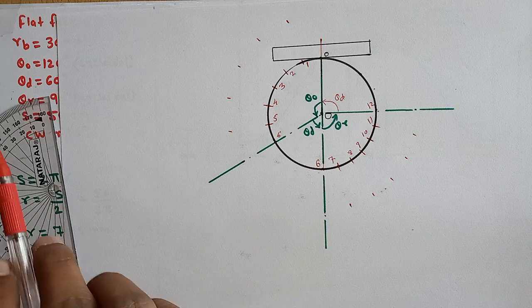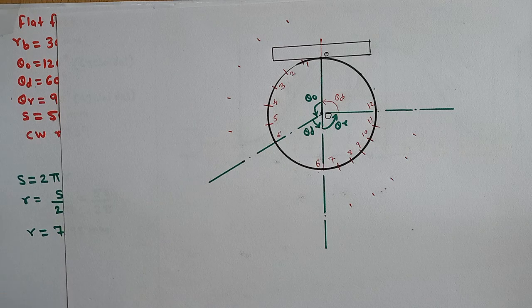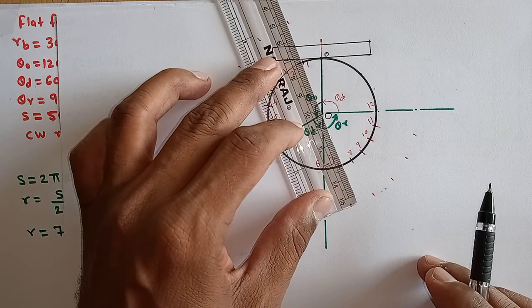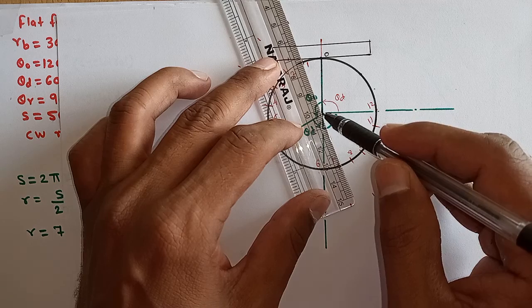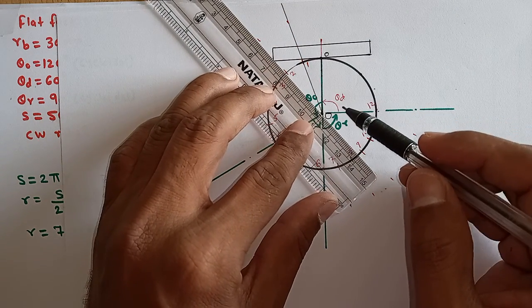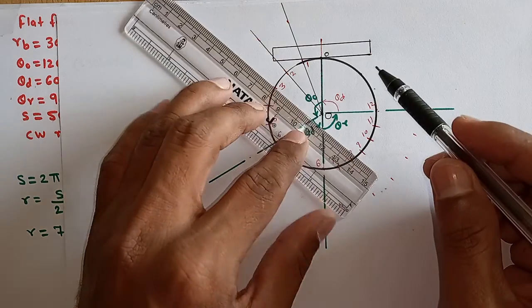Now since the follower is radial follower, line of action of the follower will pass through all these division numbers and the cam center. So let us join this. These are the line of action of the follower at all these instances.